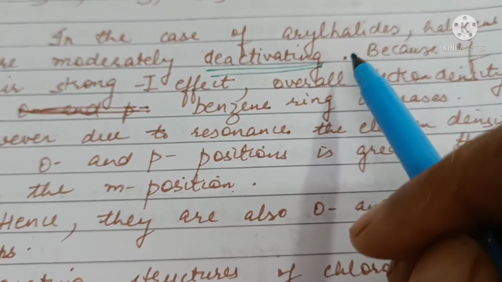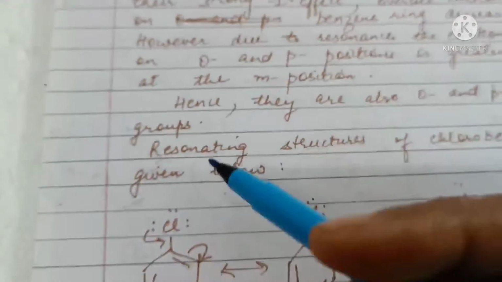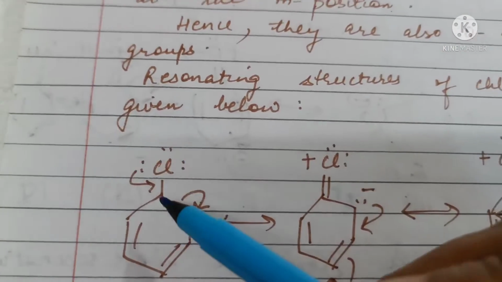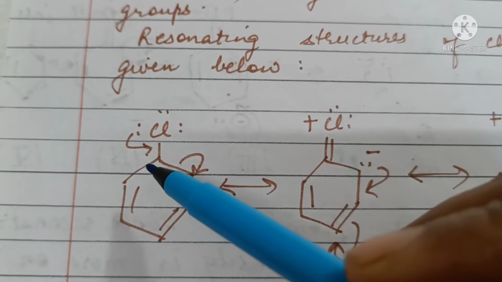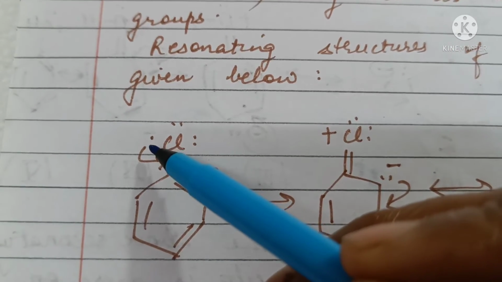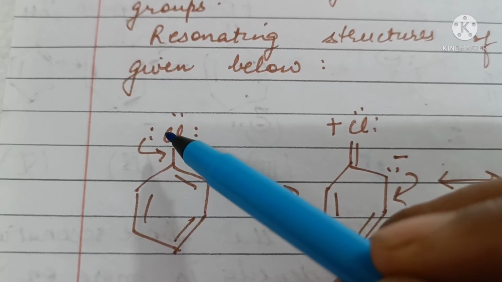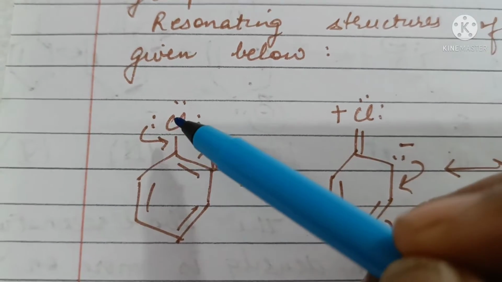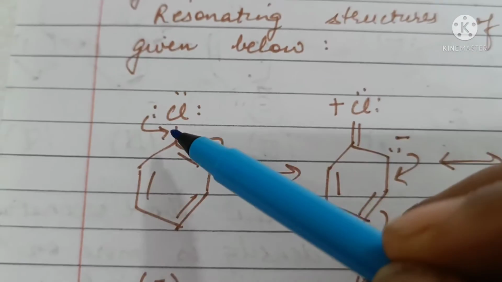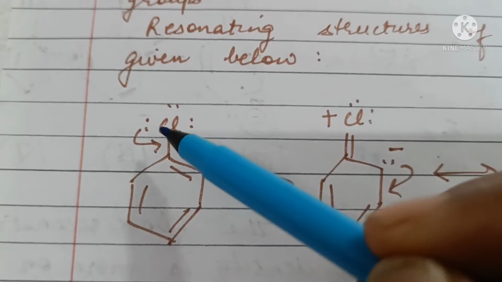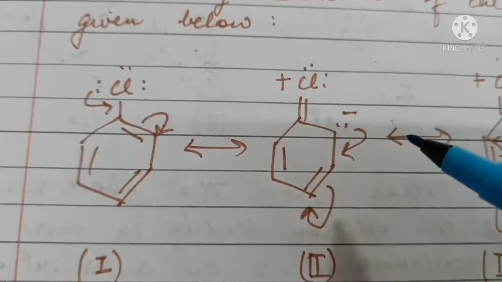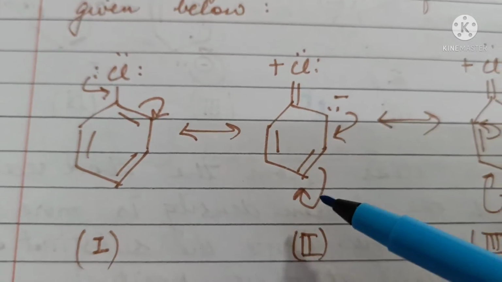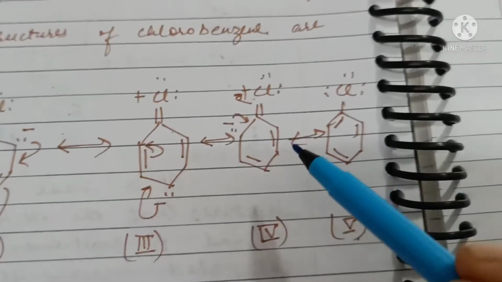In case of aryl halides, the halogens are moderately deactivating because of strong minus I effect. Inductive effect is electron withdrawing in nature. But because of resonance, the electrons enter into conjugation and increase the electron density at ortho and para positions.